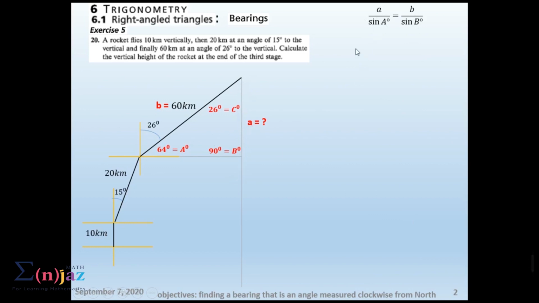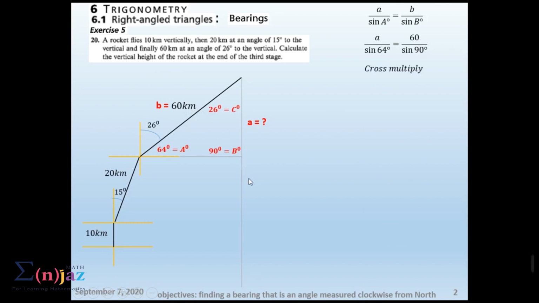So small a over sine of A capital is equal to b over sine B capital. Let's substitute in this formula. So it's going to be a over sine 64 is equal to b, which is 60, 60 over sine 90 degrees.